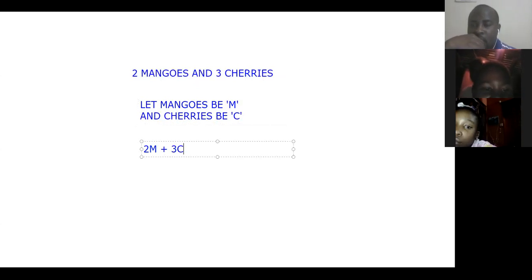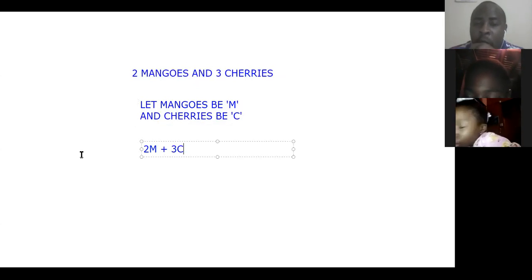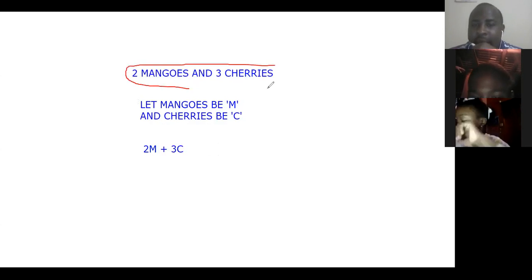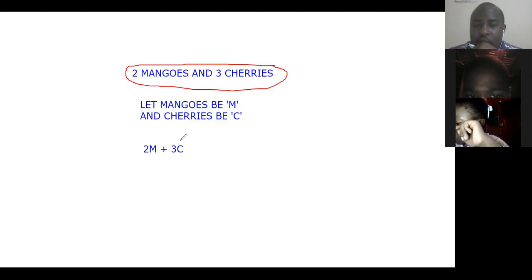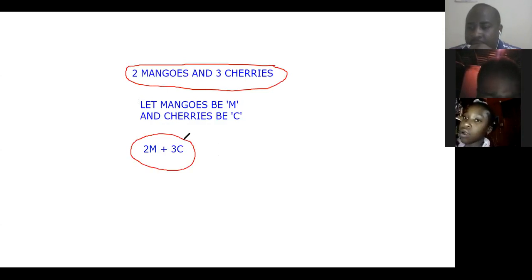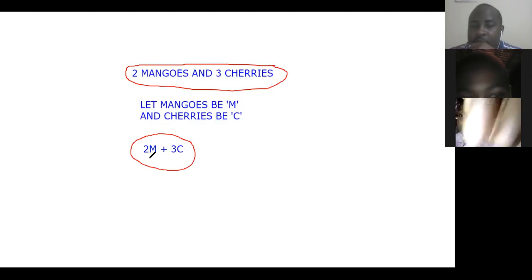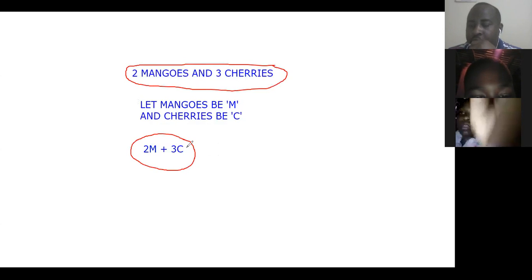So all of this wording up here, 2 mangoes plus 3 cherries, we have just represented this entire statement using just these little symbols down here. So again, 2M plus 3C means 2 mangoes plus 3 cherries.